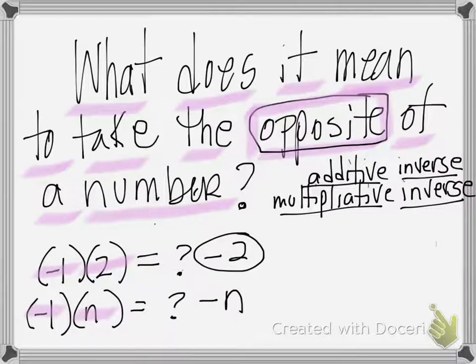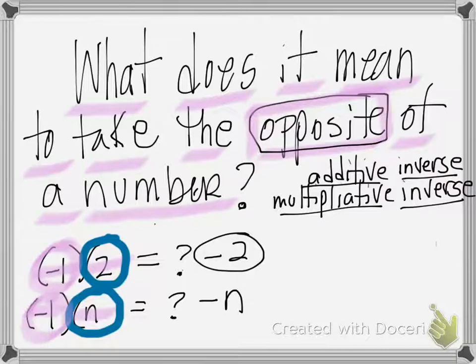In that case, that is our multiplicative inverse, because we've taken both the 2 here, and the n, and we've multiplied both of those by negative 1.